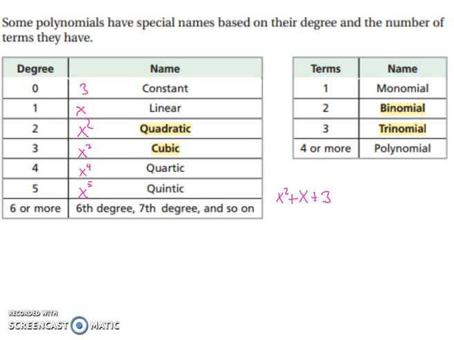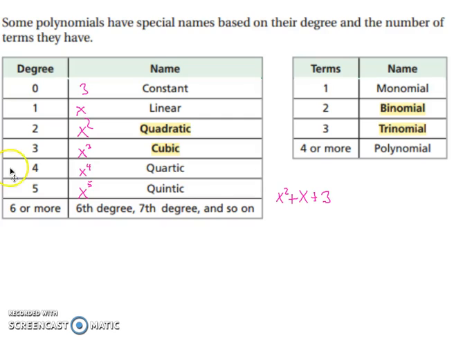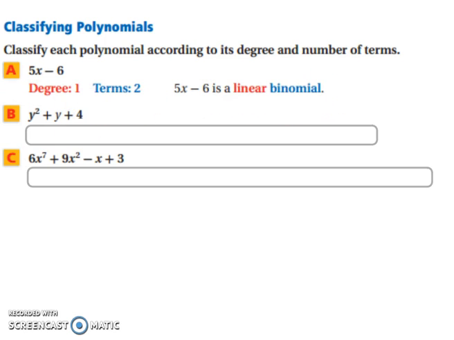So if the degree is 1, it's going to be linear. And then there are 2 terms. So since there are 2 terms, it's a binomial. So you just kind of write it together now. So it's a linear binomial. There's 1 degree, 2 term, linear binomial. Try the next 2 on your own.